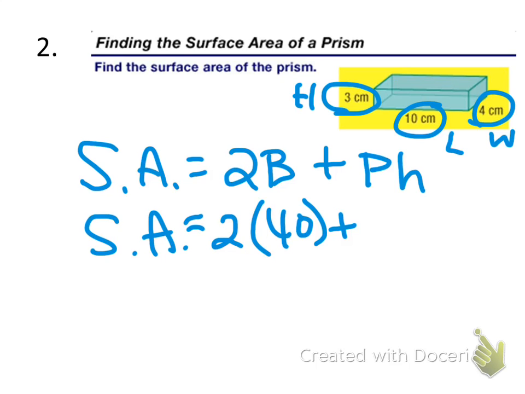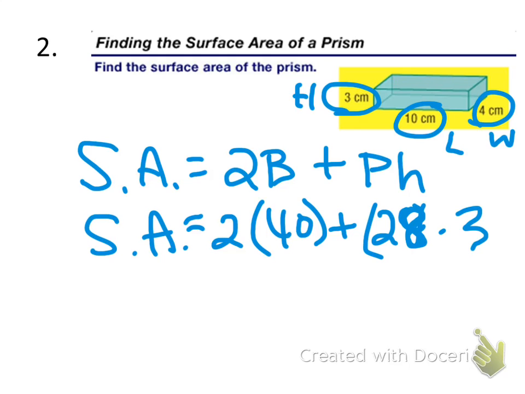Okay, so perimeter. Perimeter would be 10 plus 10 plus 4 plus 4, which is 28. Thank you for fixing that. And then height is 3.